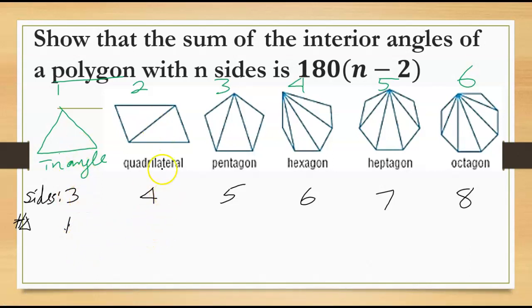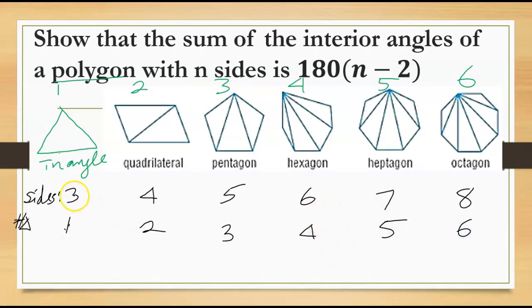Okay, and then the number of triangles we get for the quadrilateral is 2. And we can see those numbers of triangles correspond with the number of the polygons. So this will be 3 triangles, 4 triangles, 5 triangles, 6 triangles.